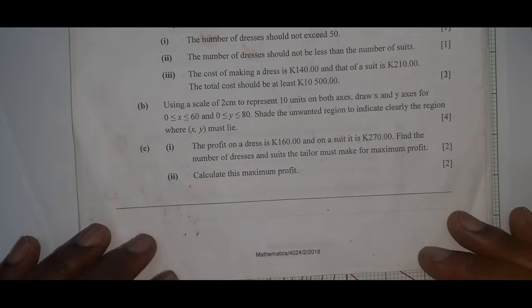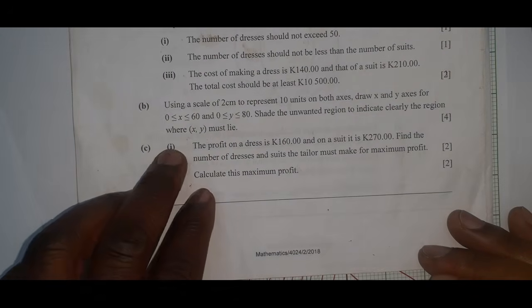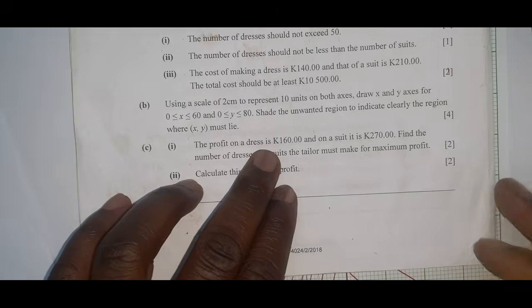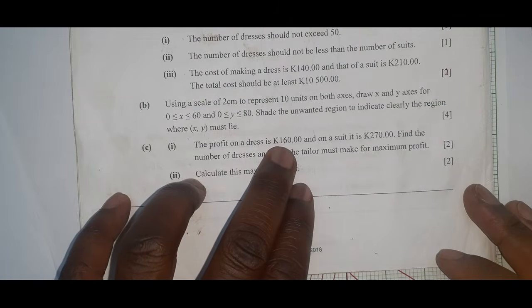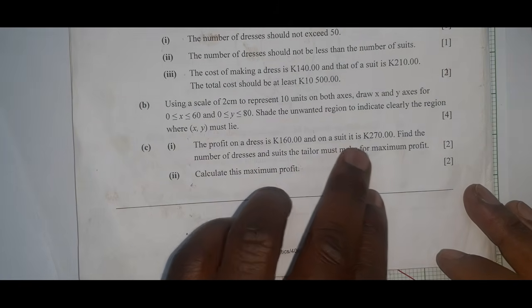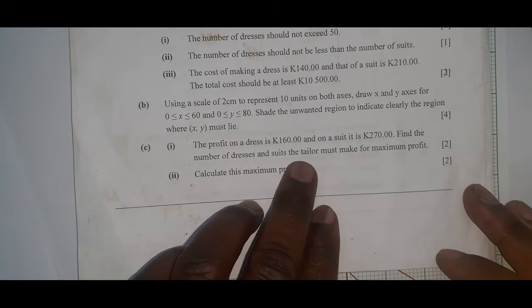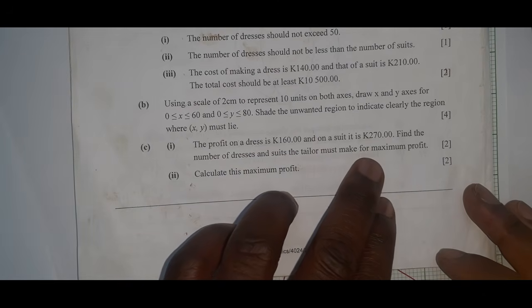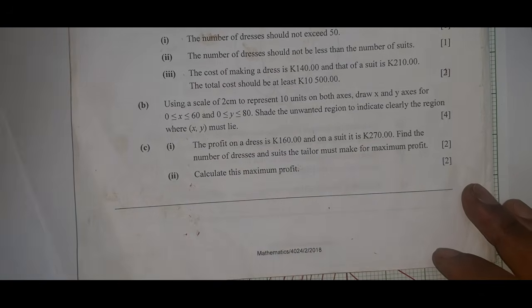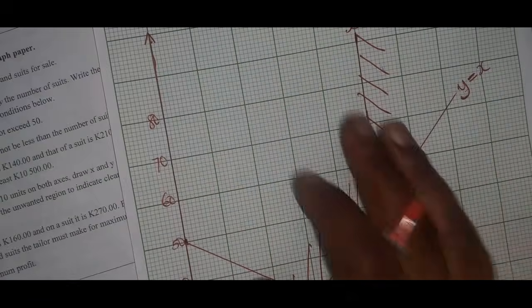So C, Roman numeral 1 says, the profit on a dress is 160 kwacha and on a suit is 270. Find the number of dresses and suits the tailor must make for maximum profit. So this is what we're supposed to do.